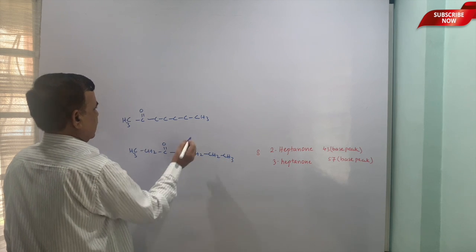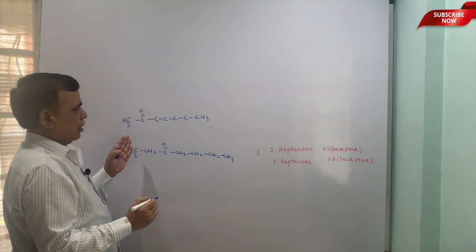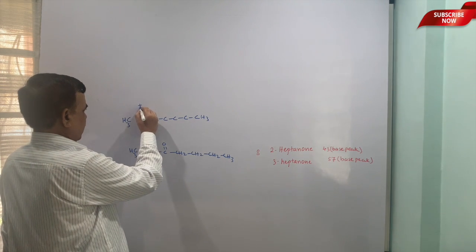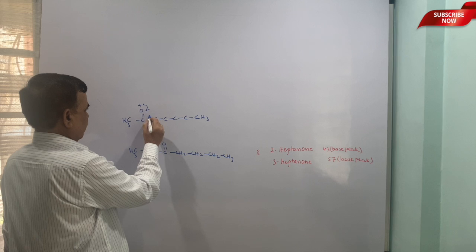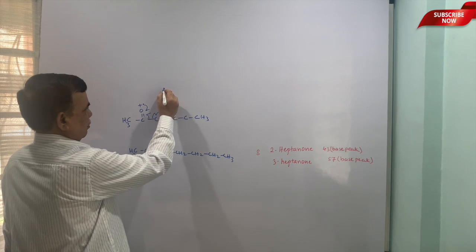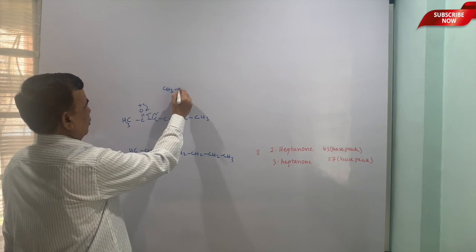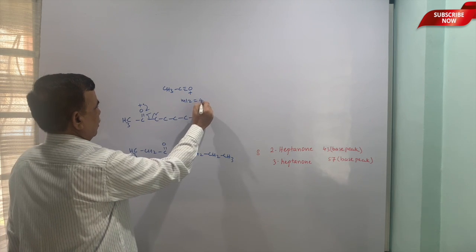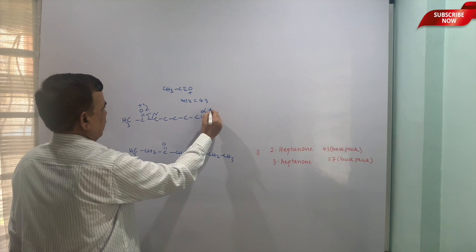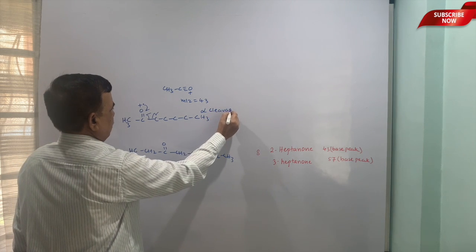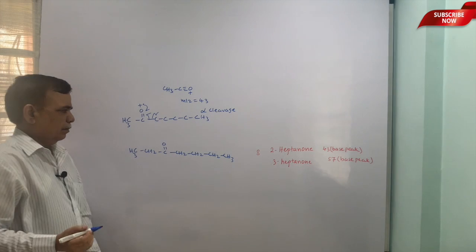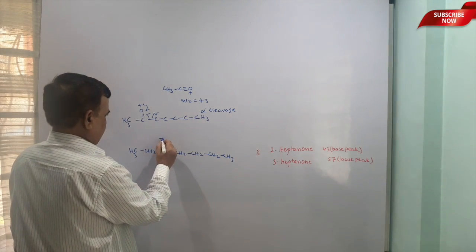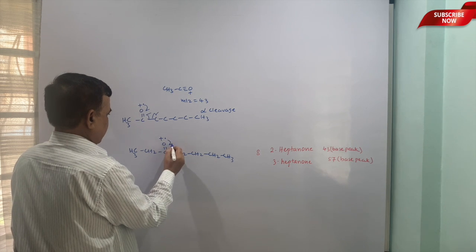So longest chain is 7 and ketone at 2 position or 3 position. So here 43 peak necessarily means alpha cleavage. So this is the base peak due to alpha cleavage. Similarly, in this case it is base peak because of alpha cleavage.